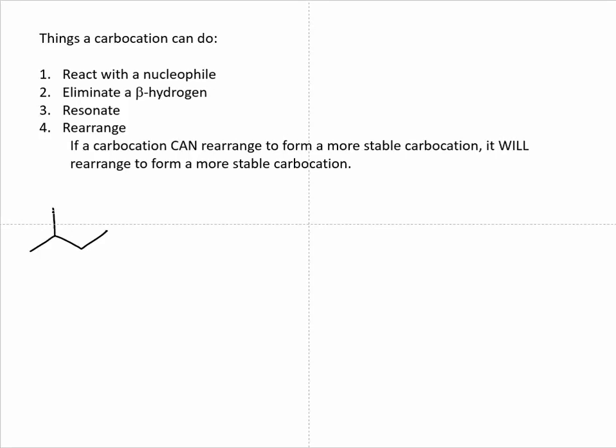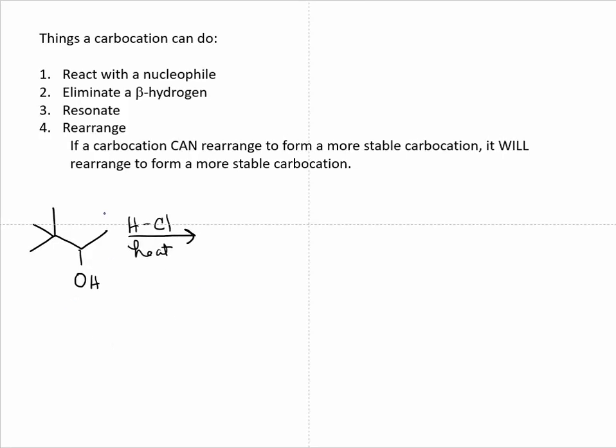Let's take a look at this alcohol. And again, we're going to react it with an acid. And for this particular one, we are going to heat it. Okay, so let's work through the mechanism.